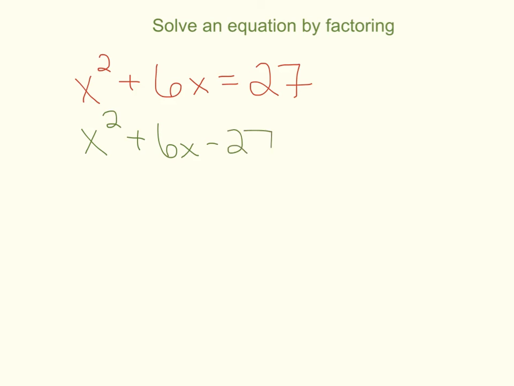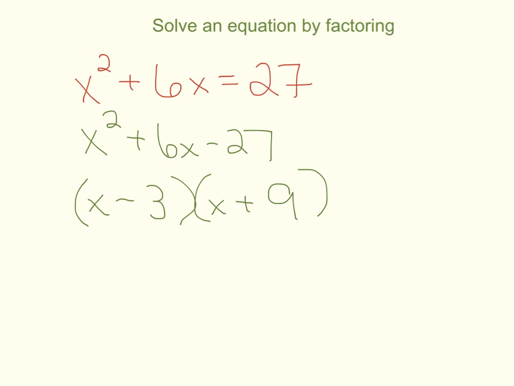Then you factor it out, so you have your x and your x. Again, we want two numbers that you can add together to give you 6, and then multiply together to give you negative 27. And so we would actually have negative 3 and 9.